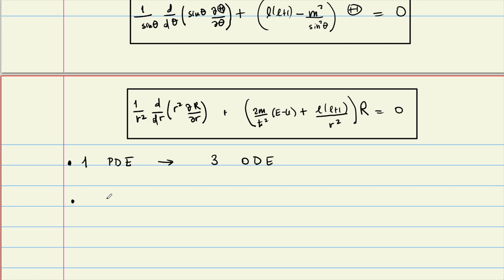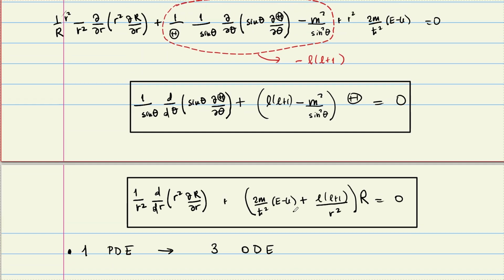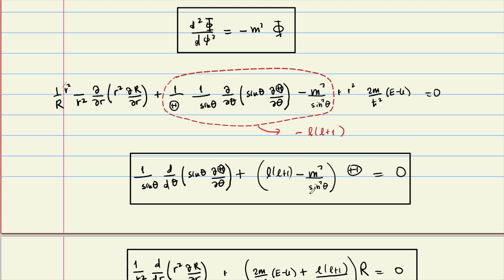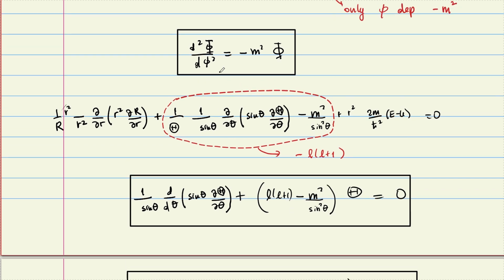And the second important thing is that only the R equation depends on U of R. If you go back, there is only U in the R equation. In the theta equation, there is no U. And in the phi equation, there is no U. So once you solve phi and theta equations, they are valid for any other potential.